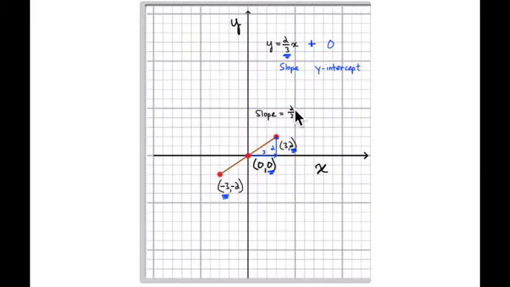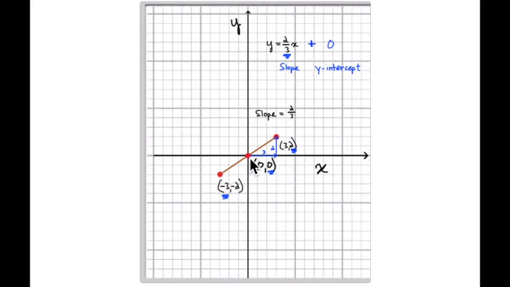How much is the y value changing? It's changing 2 units as you go from this point to this point. And how much is the x value changing? Well, that's changing 3 units as you go along the x-axis. So this is the change in y, which is 2, over the change in x, which is 3. So the slope is 2/3.